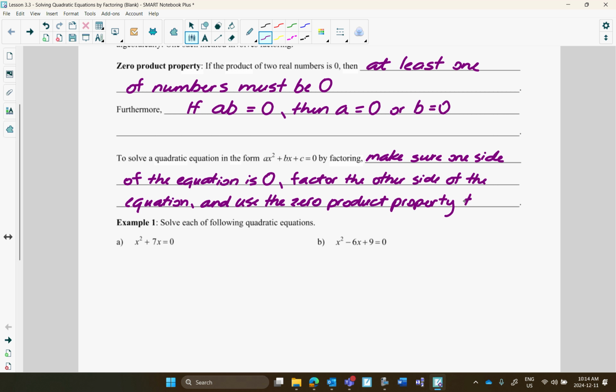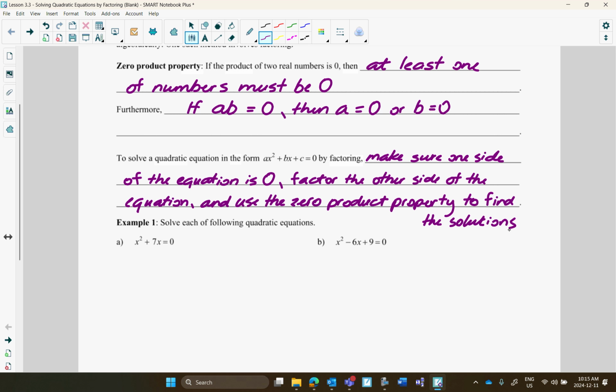Find the solutions. Which is what we did in that experience first thing.